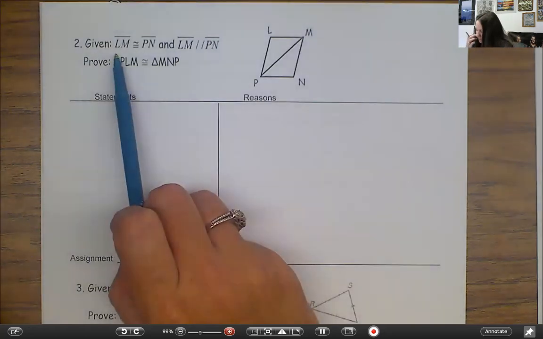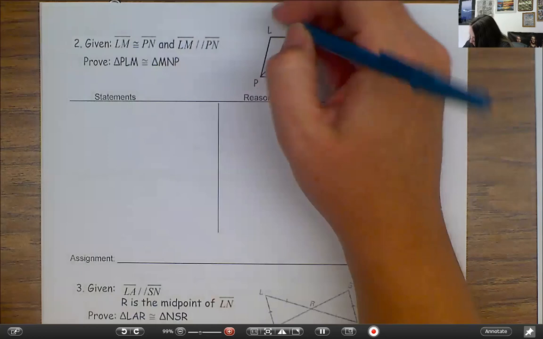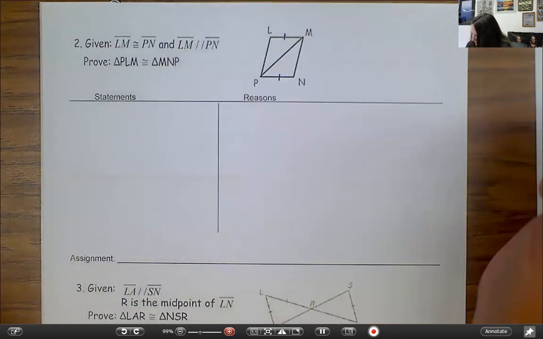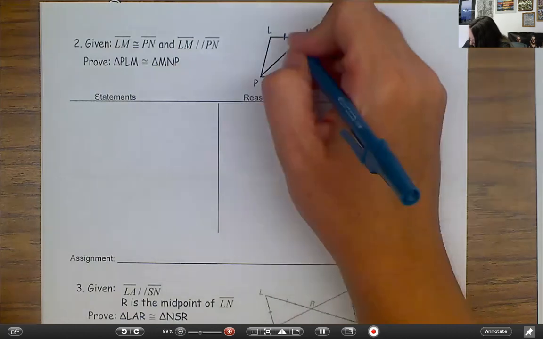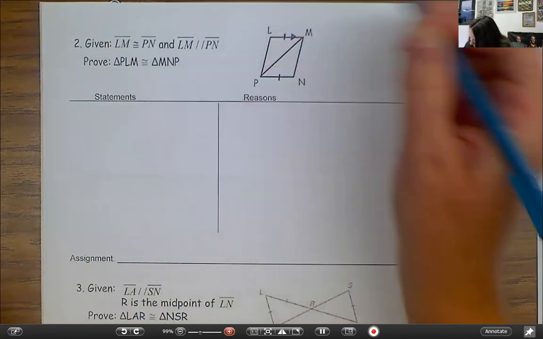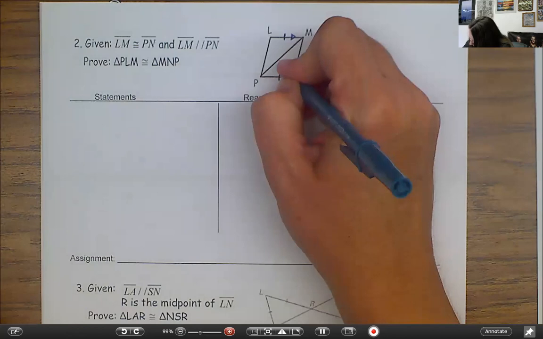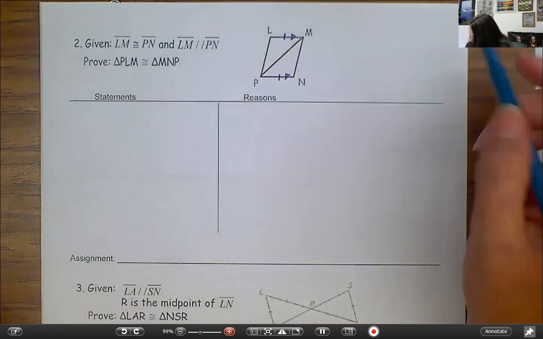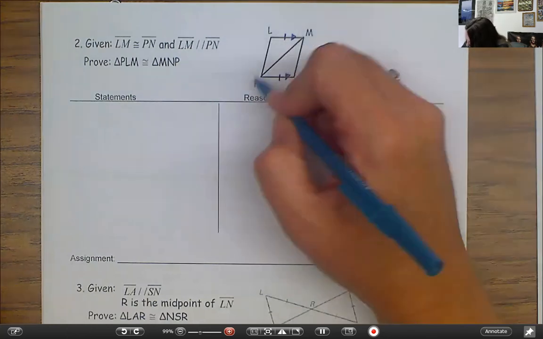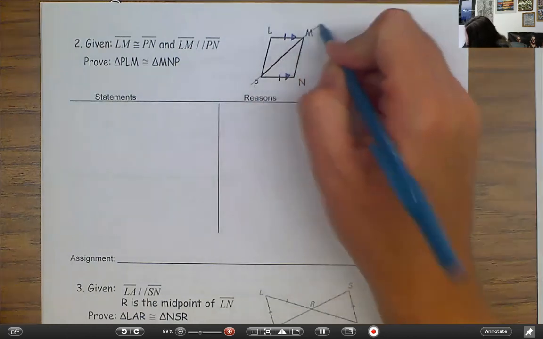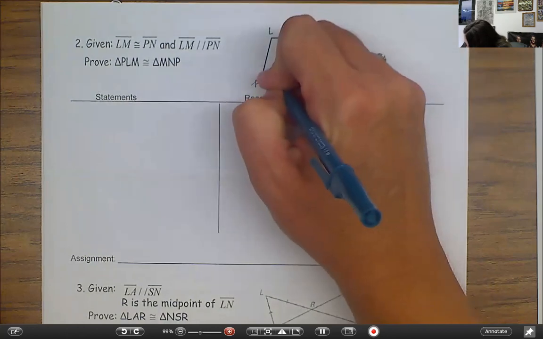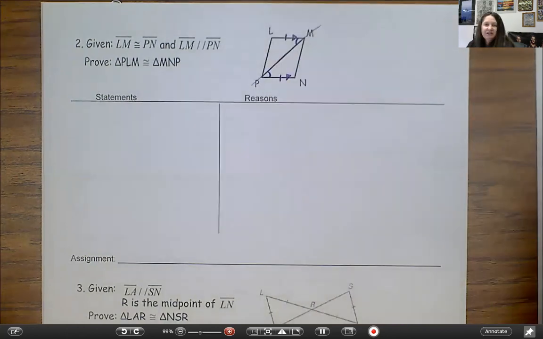All right, in number 2, we have LM congruent to PN, and that LM is parallel with PN. Well, parallel is going to give me, that's my transversal, a set of alternate interior angles that are going to be congruent.